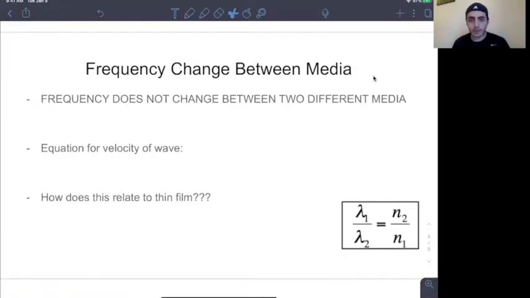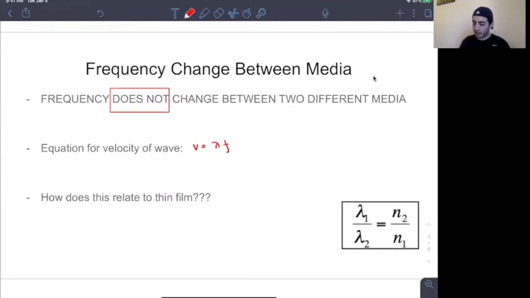So now let's talk about the frequency change between two different media. The most important thing to keep in mind is that the frequency does not change between two different media. So what is the equation for the velocity of a wave? Velocity equals the wavelength times the frequency. Let's say we have two different media.